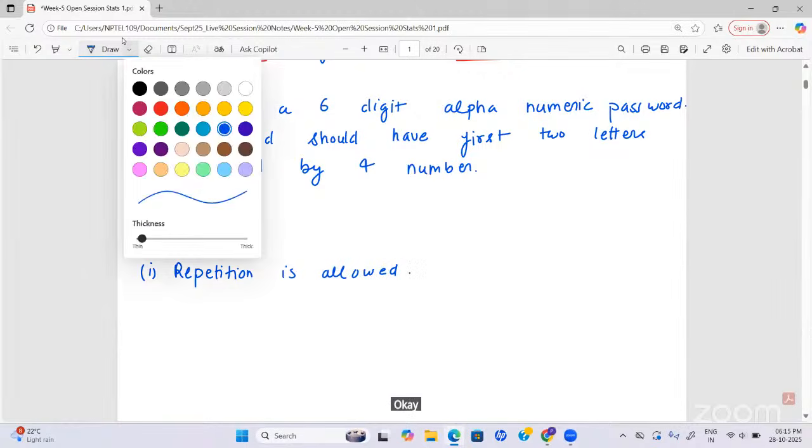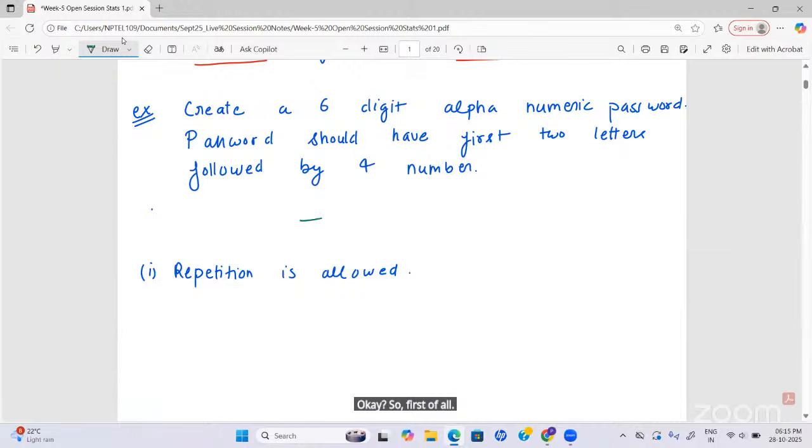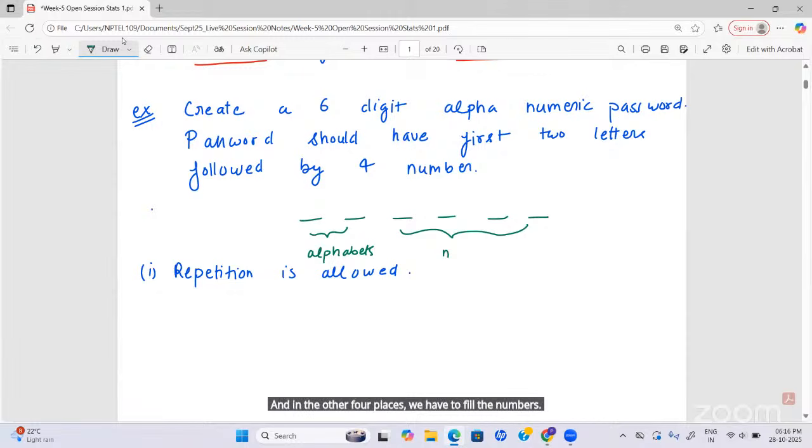First of all, we have 6 places to fill. In the first 2 places, we have to fill alphabets, and in the other 4 places, we have to fill the numbers.